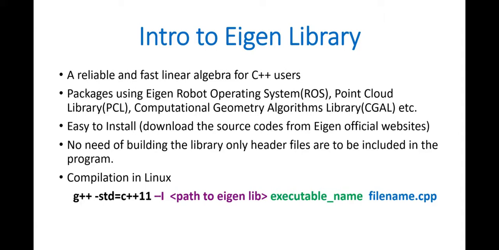Finally, in the Eigen library there are two main data types, one is matrix and another one is vector. However, in matrix and vector there are two different classes of variables that you can define. One is dynamically defined matrices and vectors. In this case the size of the vectors and matrices is determined dynamically.